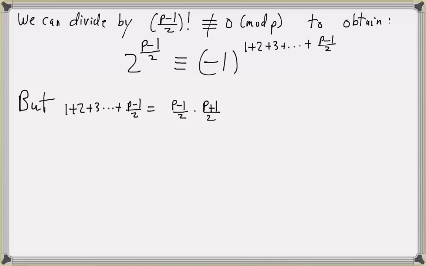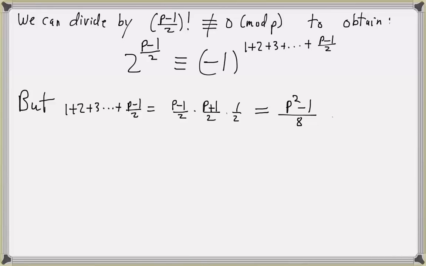It's the same as adding 2 over 2. And then I have to divide this whole thing by 2, so I'm going to write that as times 1/2. And when I expand this expression, we see that this just equals (p squared minus 1)/8.